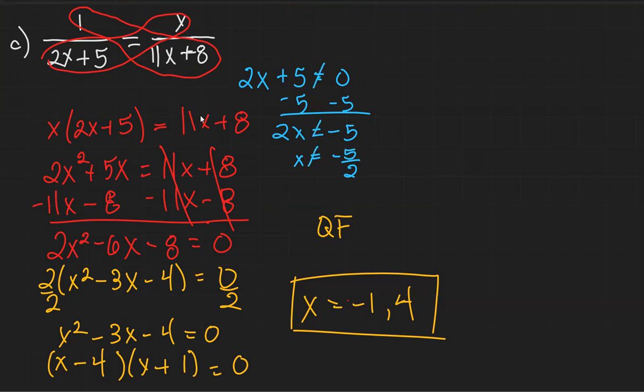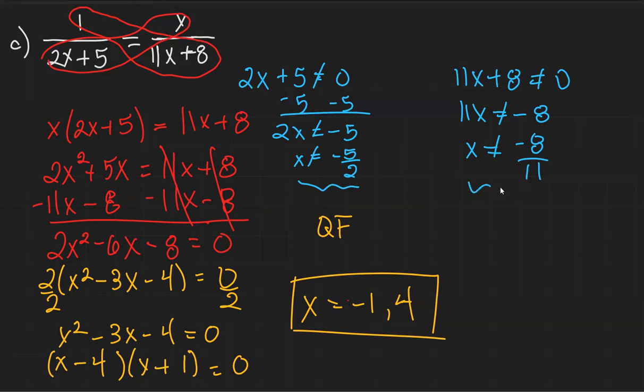So we know x can't be -5 halves, and then 11x plus 8, we don't want that to be 0 either. We get 11x equals -8. So x cannot be -8 over 11. So these are our two values that x can't be. Do they agree? Yes, we're good. We're golden.